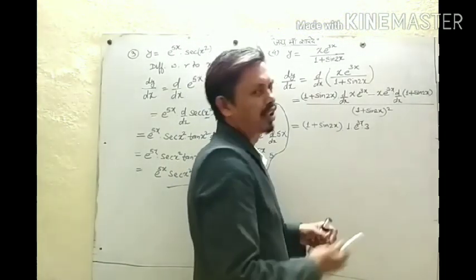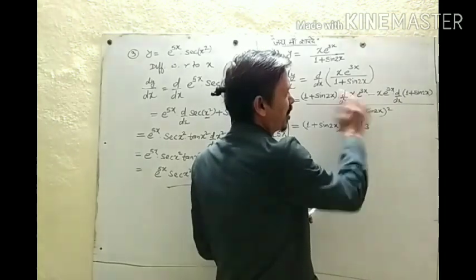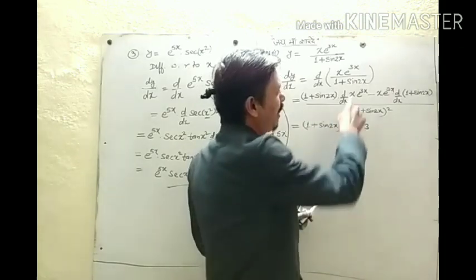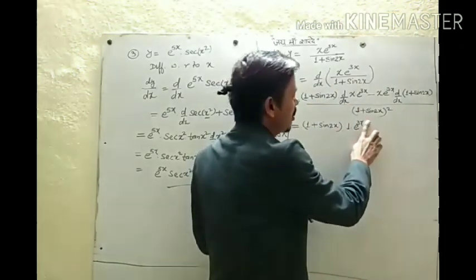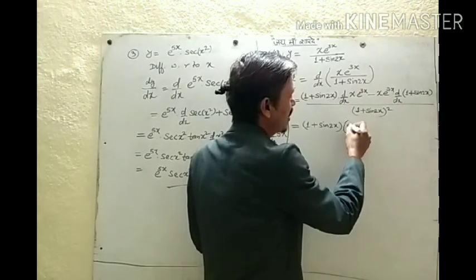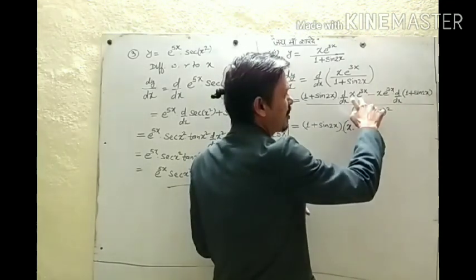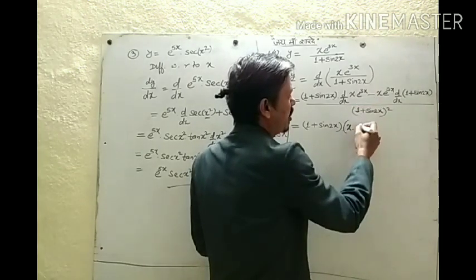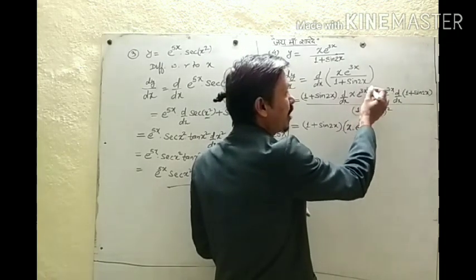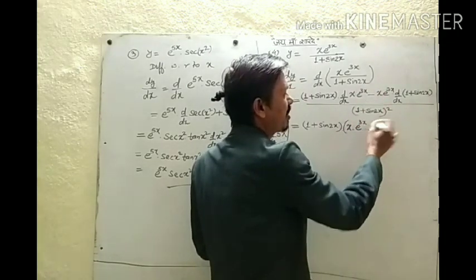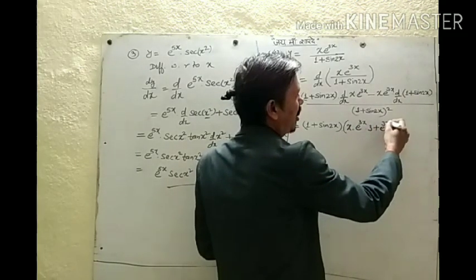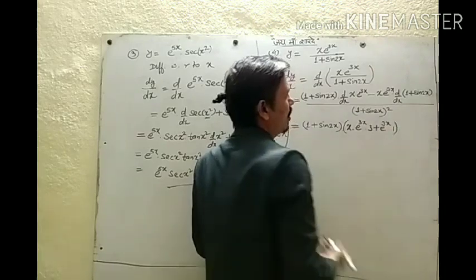It is wrong, because here we have a product, so we have to apply the product rule. Many students make this mistake. So x, the first function, as it is, into the derivative of the second function e to the power 3x, whose derivative will be e to the power 3x as it is, and it is not actually x, so we differentiate 3x again, so we get 3, plus e to the power 3x as it is and the derivative of x, 1.